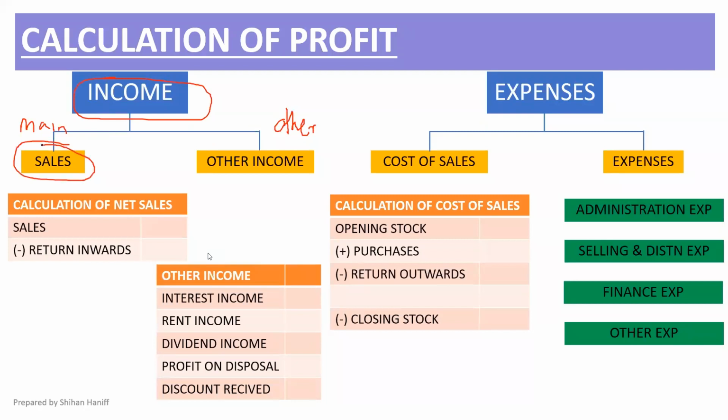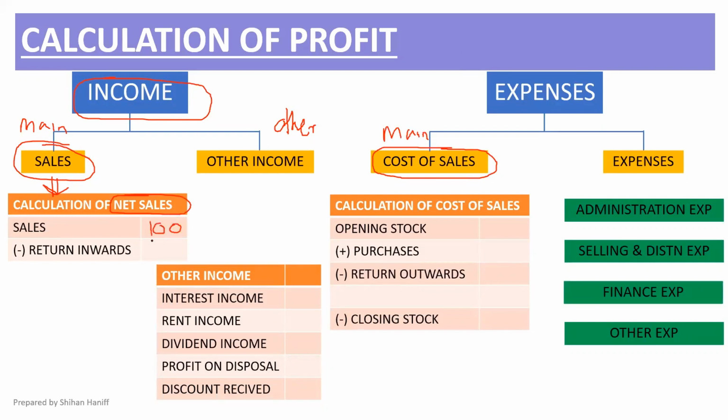The main income of a business is sales, and the main expense of the business is cost of sales. So if you take the sales, we need to calculate the net sales.